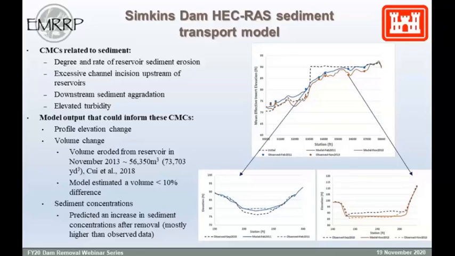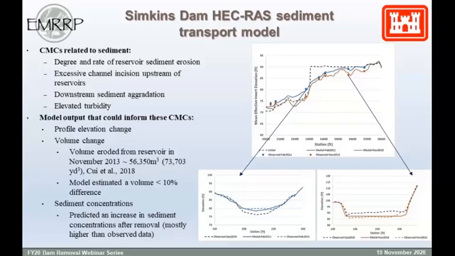Farther upstream in the Simkins reservoir, the orange continuous line represents how the profile looked by November 2013, which was the last survey. And the orange dots represent locations where cross-sections were collected. And again, the cross-section farther upstream here with the orange line compares the initial profile with how the profile changed by the survey of November 2013, and compares that to what was collected in the field.